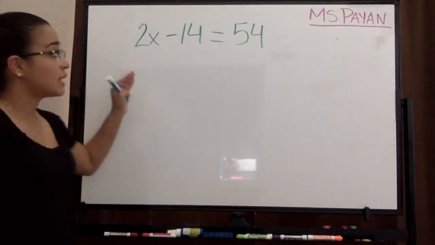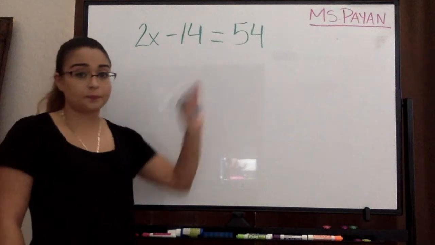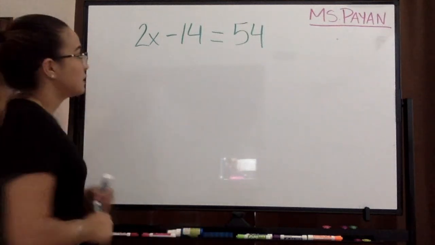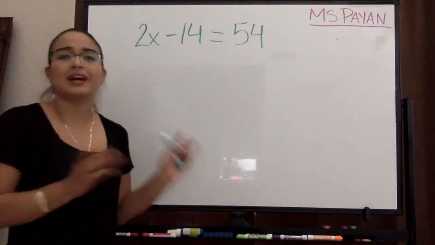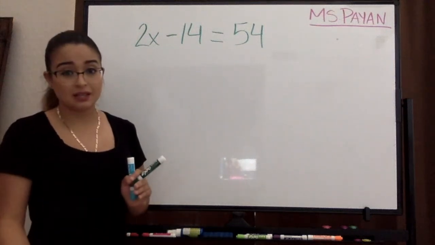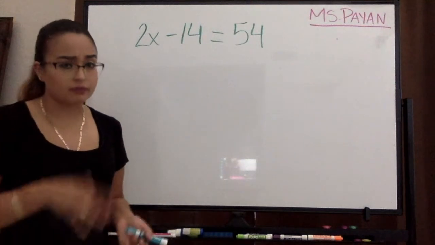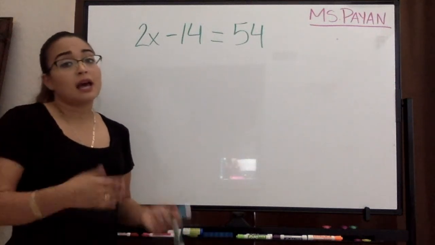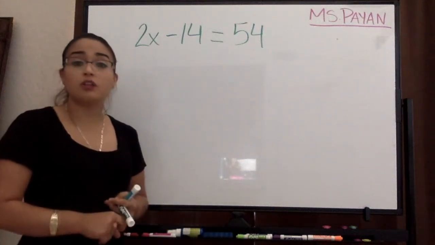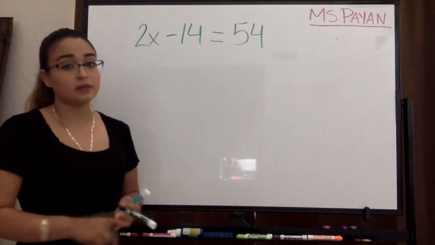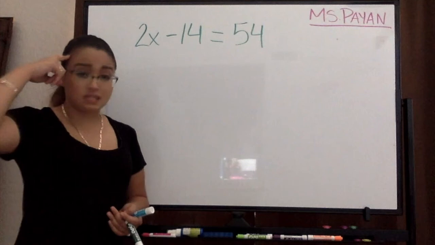Now we have this other equation. It is 2x minus 14 equals 54. Now, do we know what x value is? Not yet. But I'm not asking you to solve for what x is. I'm asking you to tell me if this equation is true, false, or open. Now remember that I told you to keep on the back of your mind what an open sentence was?